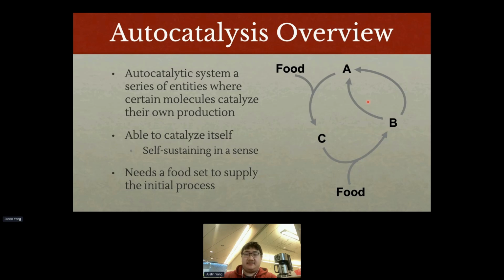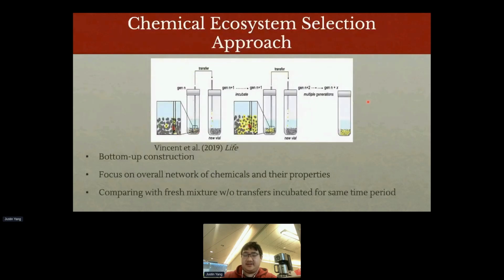To do that, we utilize chemical ecosystems using systems chemistry, which provides a bottom-up construction and a focus more on the overall network of chemicals and their respective properties.